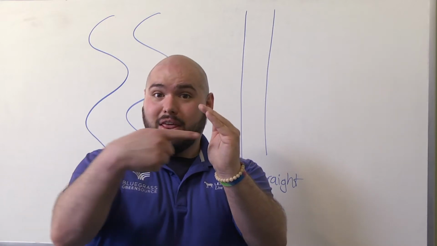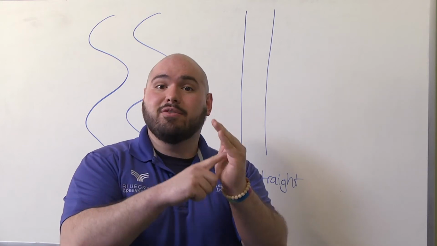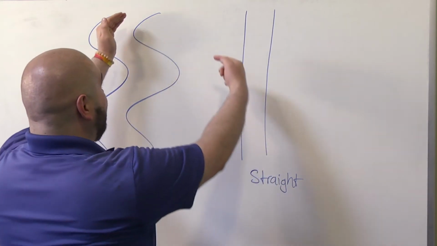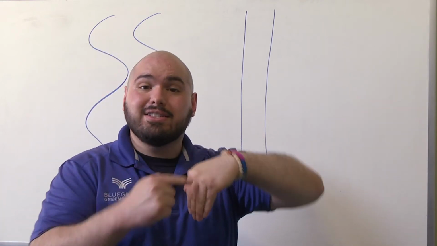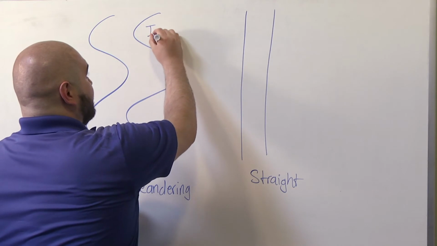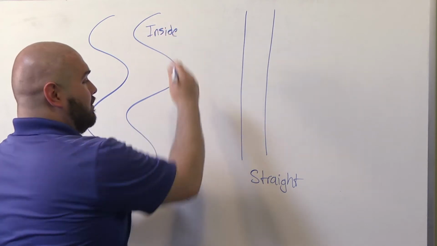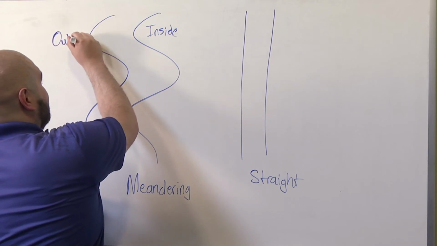If you said this for the inside of the meander, you're correct. Just like this is the inside of your hand, this would be the inside of the meander. That would mean that this is the outside. Inside of the meander and outside.